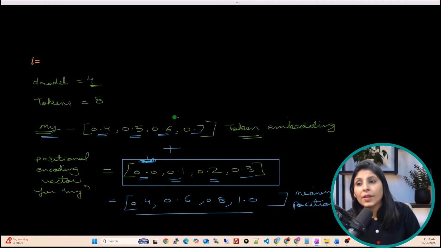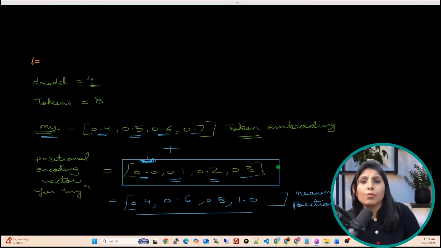Like earlier in our last class we saw that for each token we have a token embedding vector, and these values are random initially, and with training these values are learned, they keep on changing, and slowly these values start making sense, right? But the positional encoding vector is totally different from the token embedding vector, because here we are not changing the values of the positional encoding vector. It will remain the same in the entire training process.